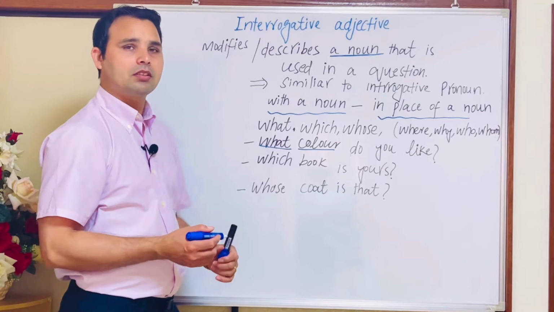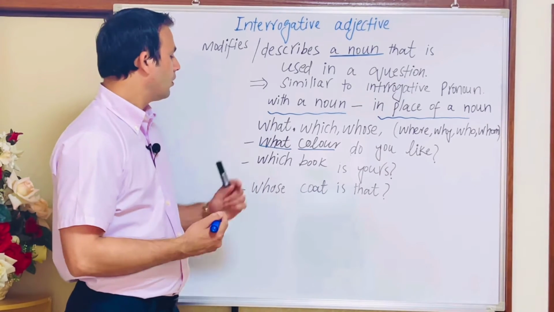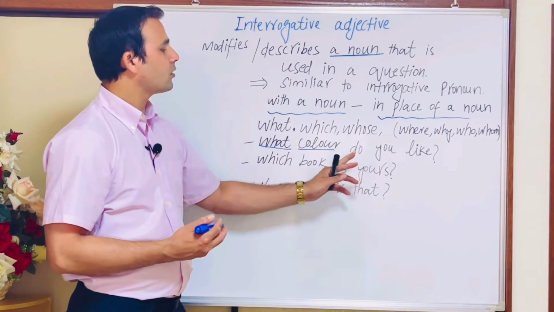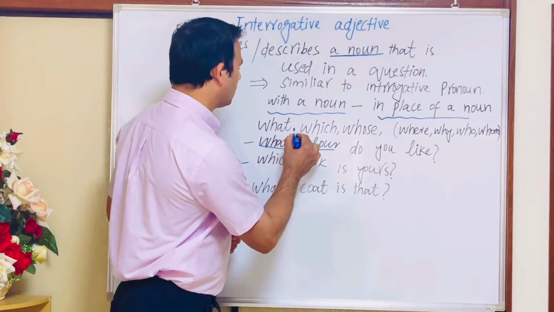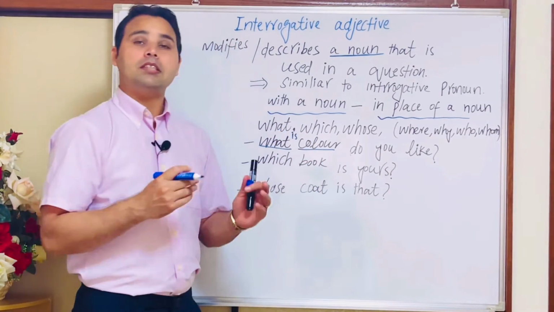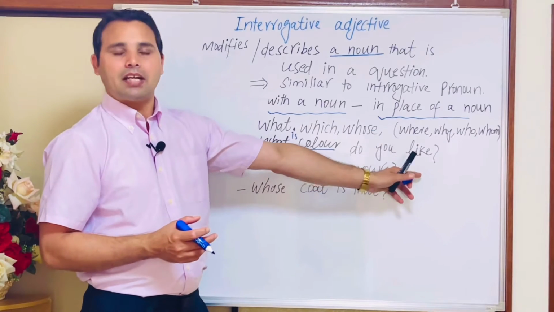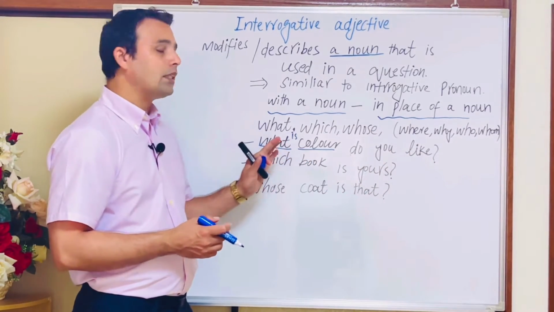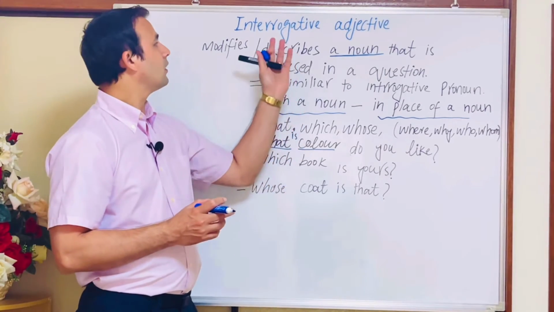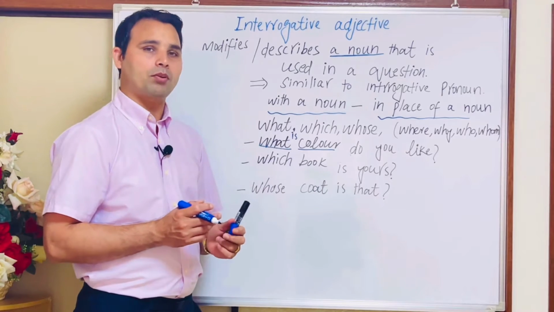If ever you ask a question in a different way, like what is your favorite color? If you use the word is here, what is your favorite color? Color will be used at the end of the sentence. That is our noun. It means that is not an interrogative adjective, but an interrogative pronoun.